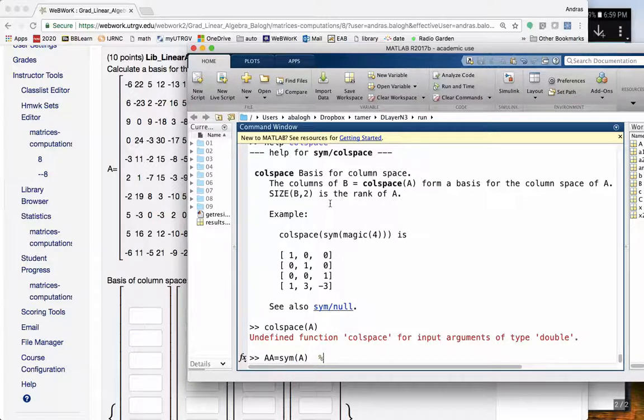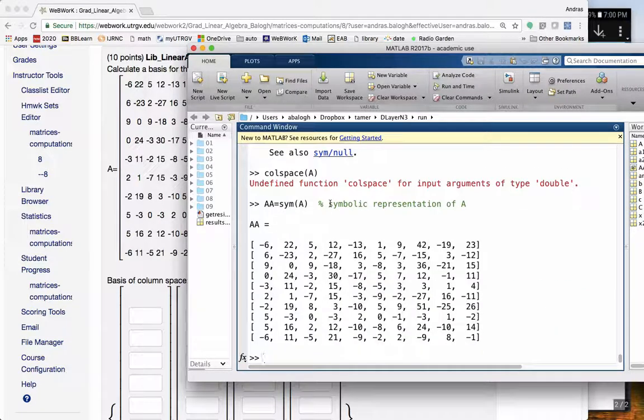So this is supposed to be some kind of symbolic representation of A. This is actually what Mathematica does by default. It does symbolic calculations, while MATLAB mostly does numerical calculations.